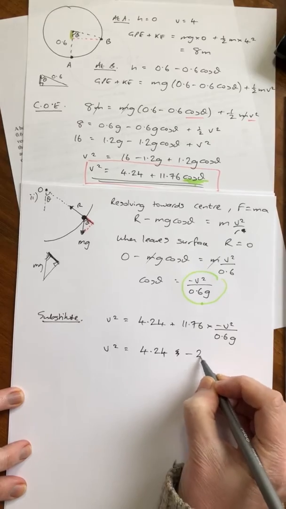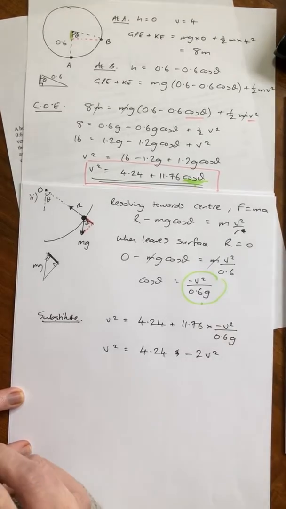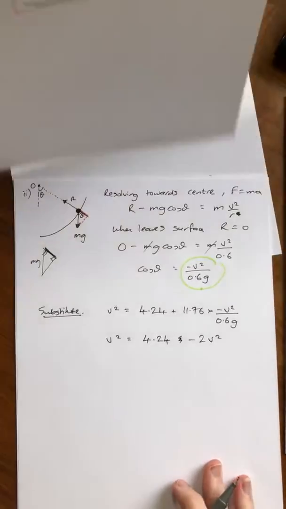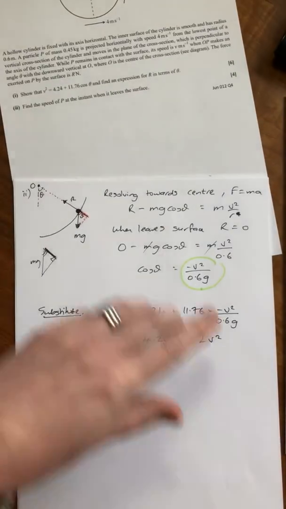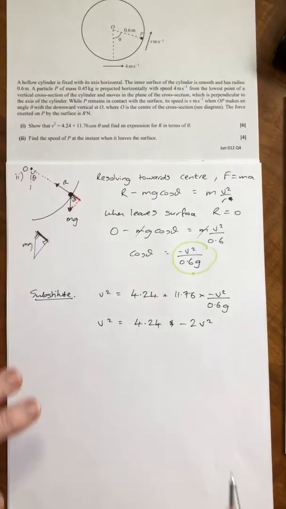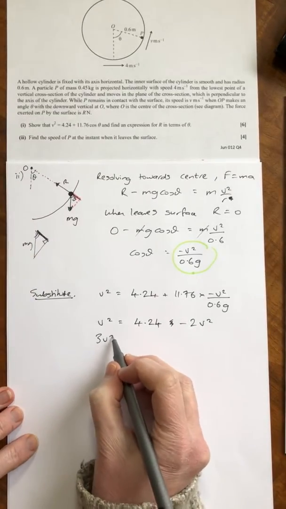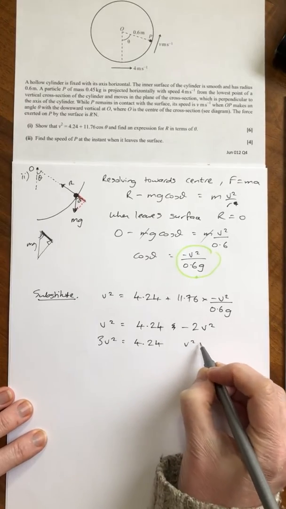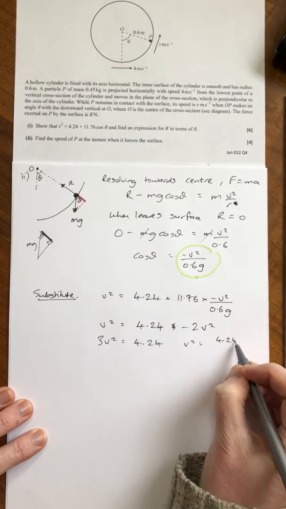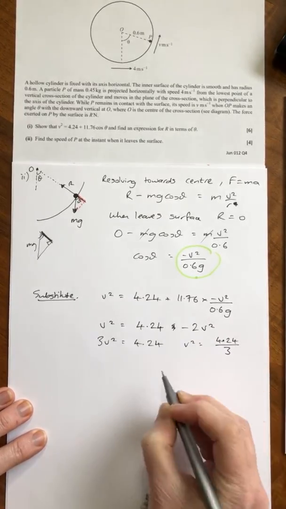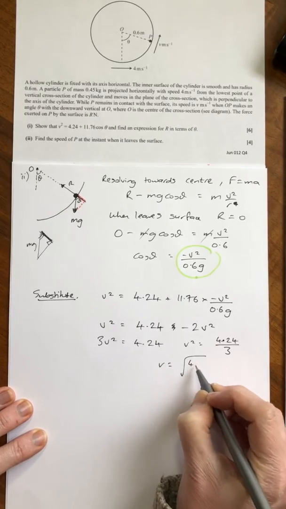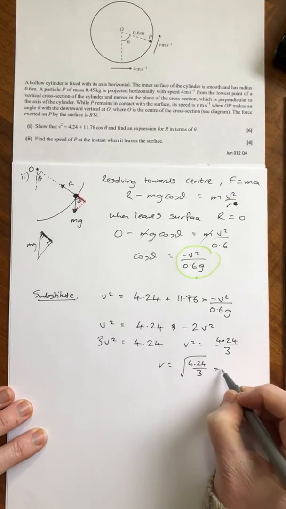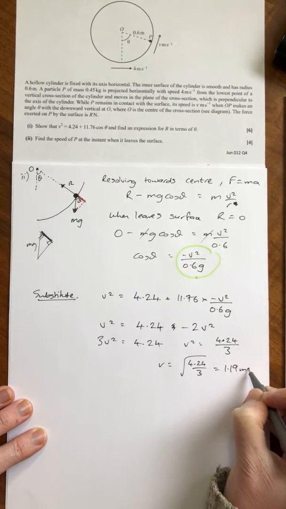So the question obviously has worked out its numbers really carefully. We then, of course, have got that minus 2v squared. Pop that over there. 3v squared rather is 4.24. So v squared is 4.24 over 3. Square root. And we have our velocity, which is 1.19 meters per second.